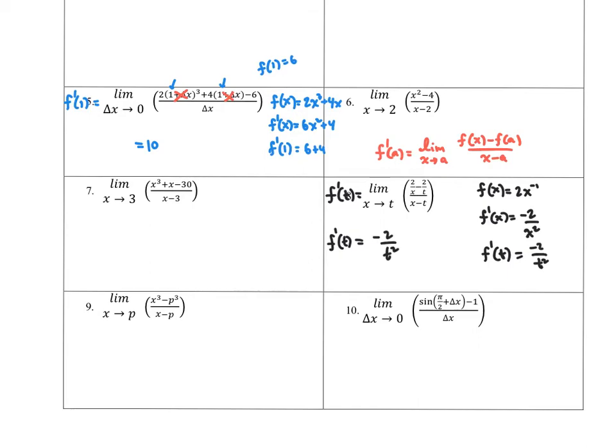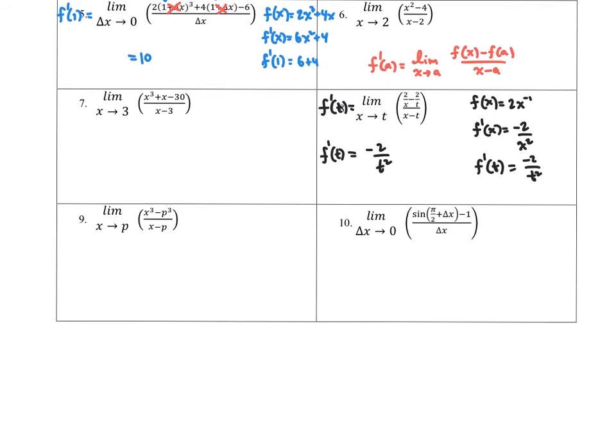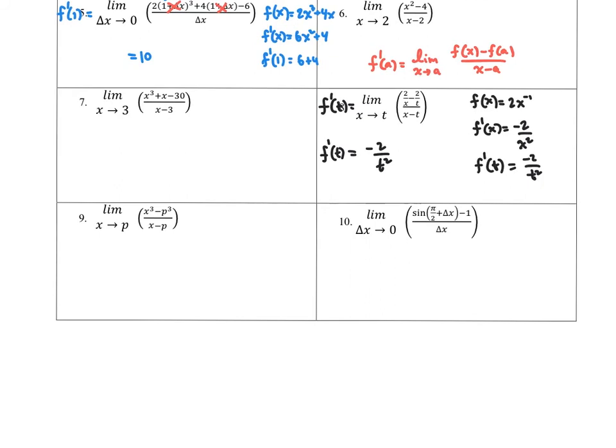All right, let's look at one more. Let's go to number 10. And of course now we are in the original form, where we're looking for f prime at pi over 2. I can see my x value, and we're using delta x instead of h, which is fine. So I've got f of x plus h minus f of x all over h.